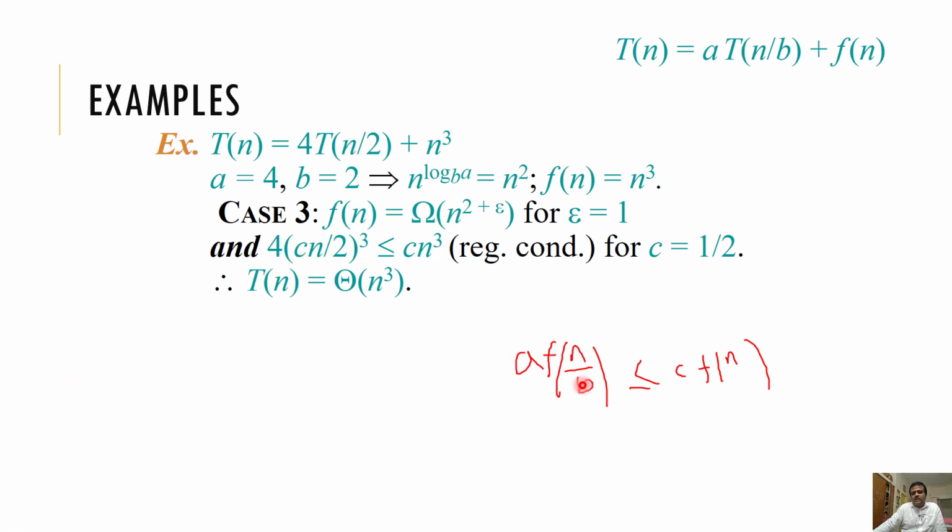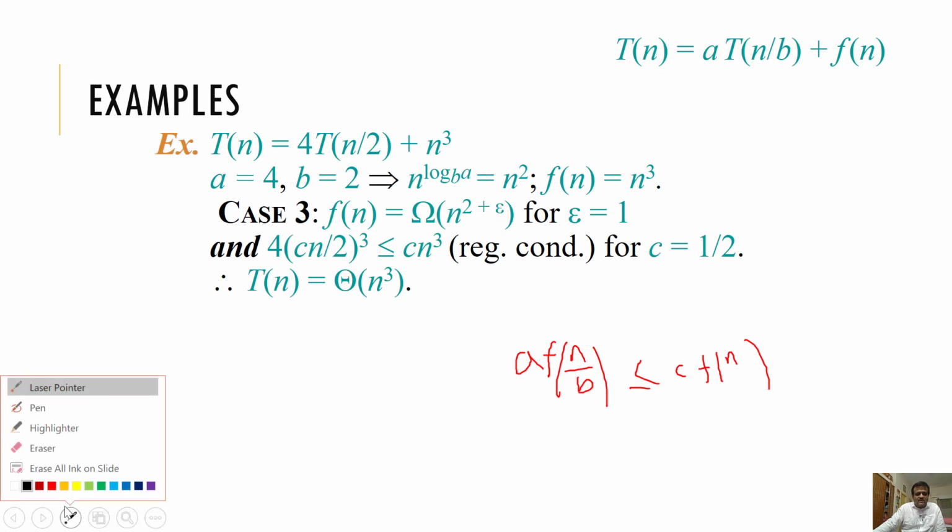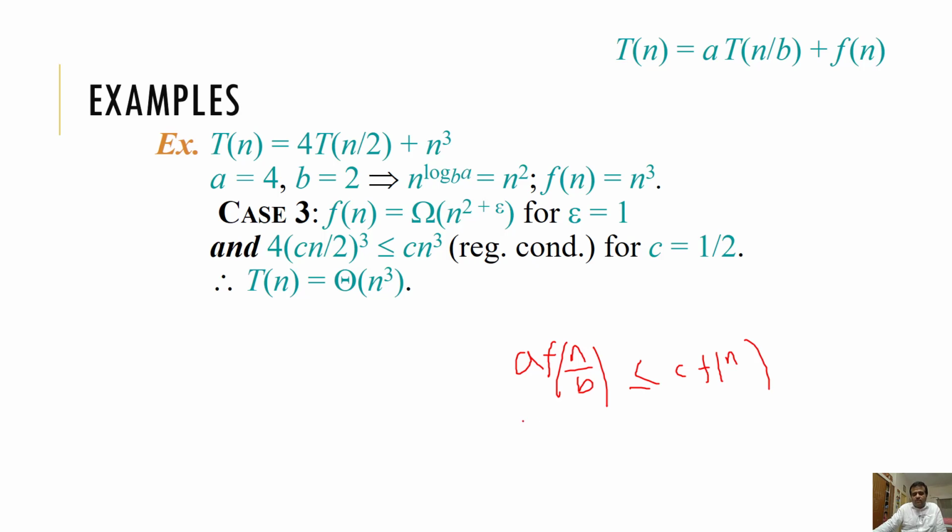Now we can do that. b is 2. Let us calculate this. a is basically 4, so 4 times f(n/b). With b as 2, f(n/2) is n³ divided by 8.